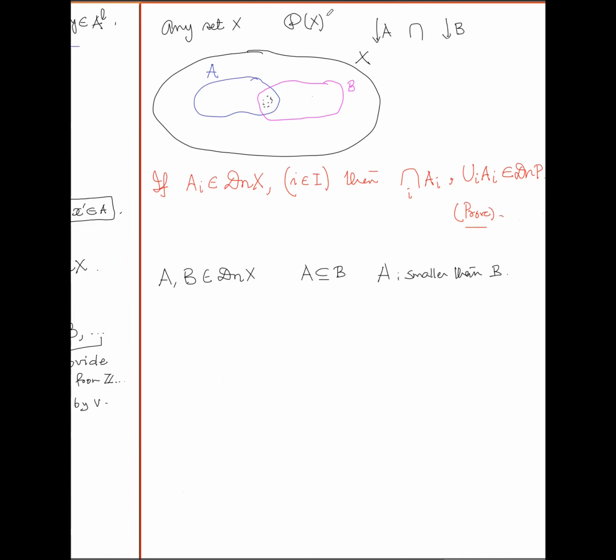If you look into the power set, how does this power set look like?